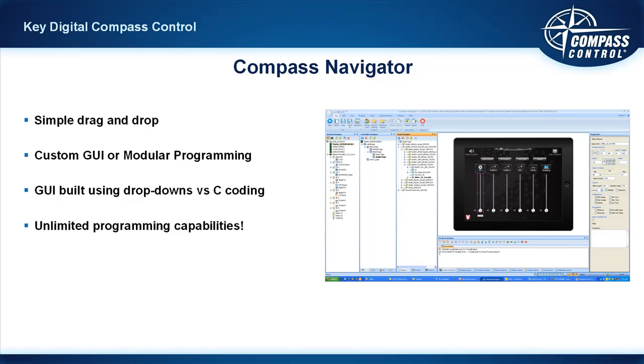If I'd like to control a graphical element, I will find the page that it's on and the name of that element, and then I specify how I want to manipulate it, and that sentence completes through drop-down menus, not with C coding. There is C coding, but Compass Navigator behind the scenes writes that code for you based on the blanks that you have filled in through our drop-down menus.